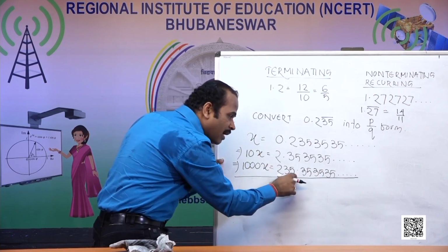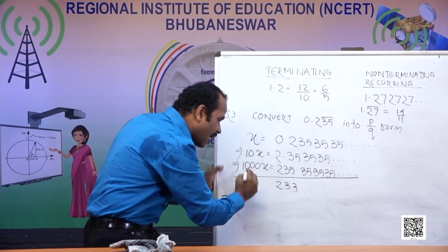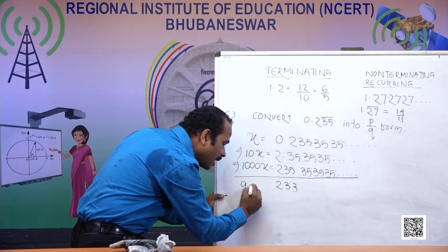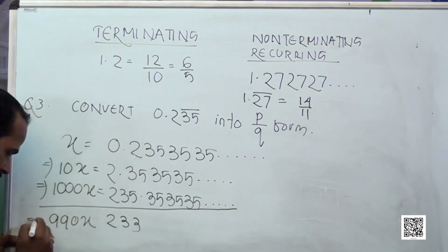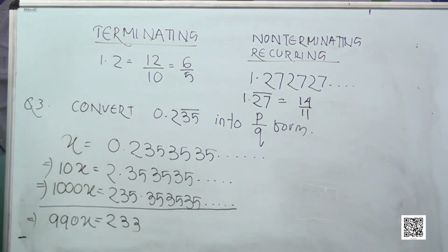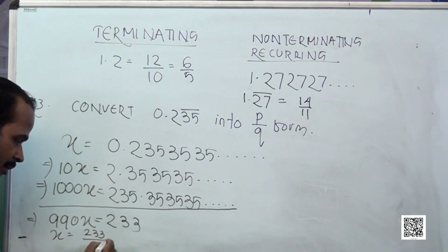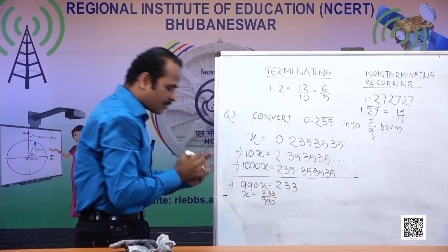So 235 minus 2 becomes 233, and this will be 990x. Now I find 990x equals 233. So x will be equal to how much? 233 divided by 990. Okay.